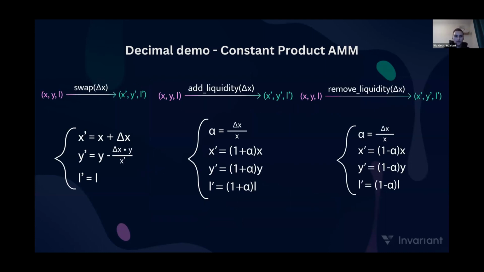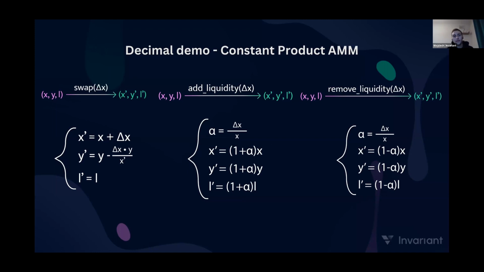Okay, so just to remind you, here is the notation of how the state will be changed. It will be useful if I open the IDE and you will see some formulas here to compare.